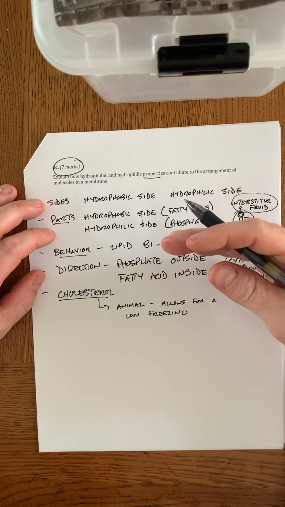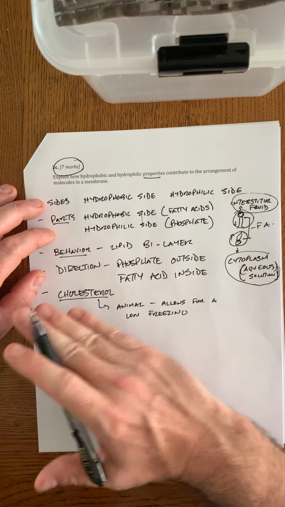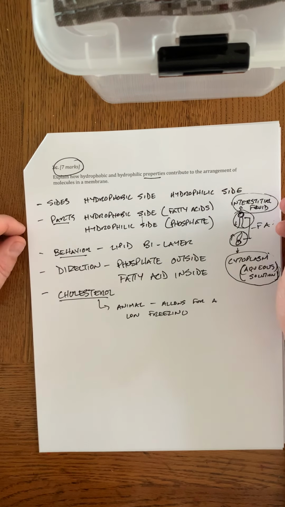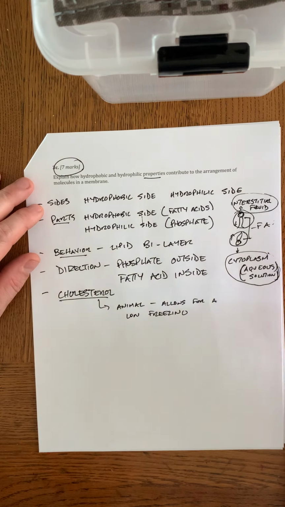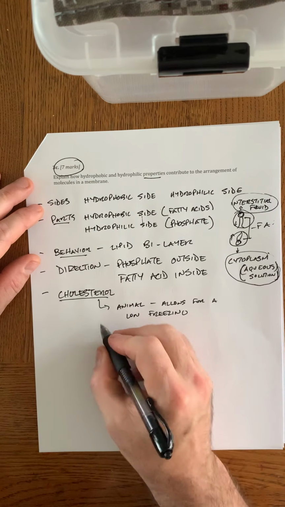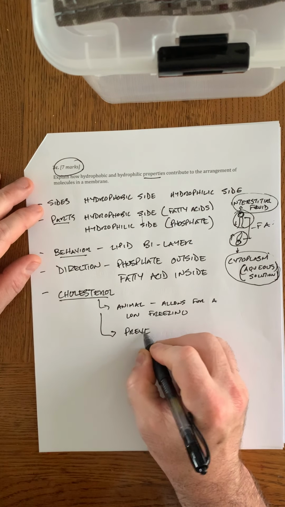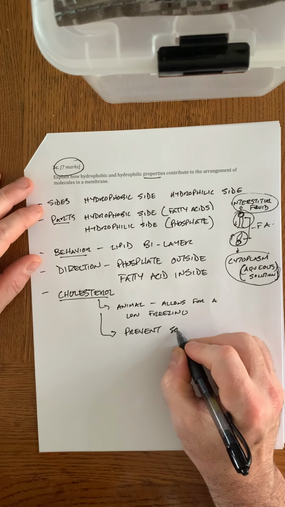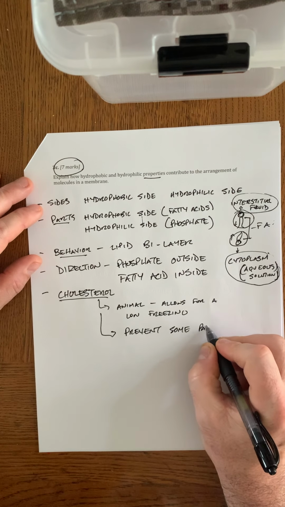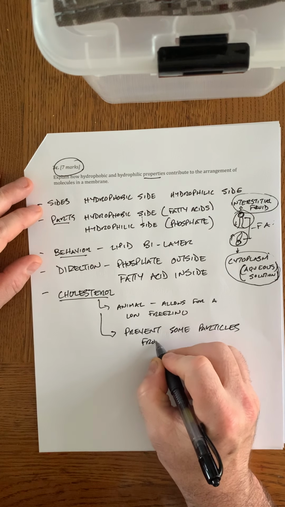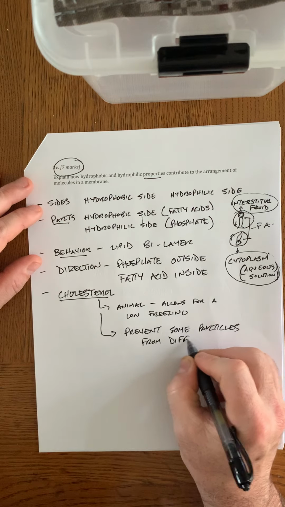And so it lowers the temperature at which they'll crystallize or freeze. And that allows you to survive in lower temperatures, especially for organisms that would be exothermic. It also helps with diffusion too. Yeah, it prevents some particles from diffusing into or out of the cell. So diffusing.